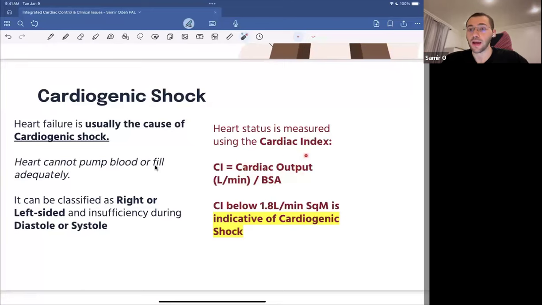This came up on our MCQ, actually. We had to calculate stuff on our MCQ. And you really do need to be aware of this. So it is cardiac output over total body surface area. This is your cardiac index. And if it's ever below 1.8, you need to really, really pay attention because that means the patient is in cardiogenic shock. They have heart failure.